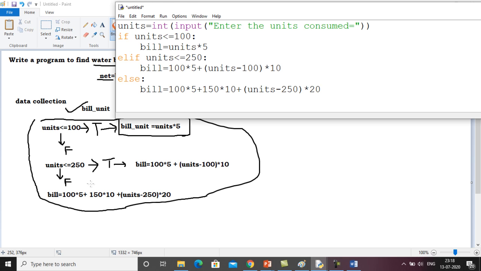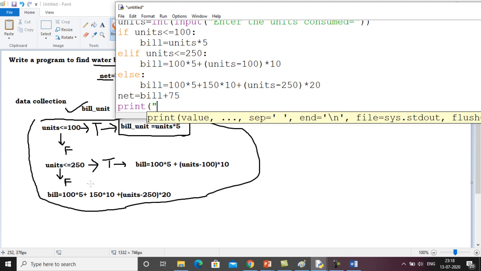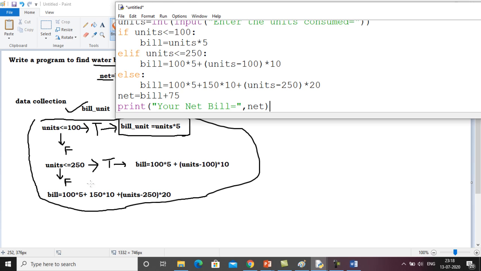So in this way the bill is calculated. Now for getting the net bill we have to just add 75 rupees as a meter charge in this, and then we will print your net bill is equal to, comma, net.